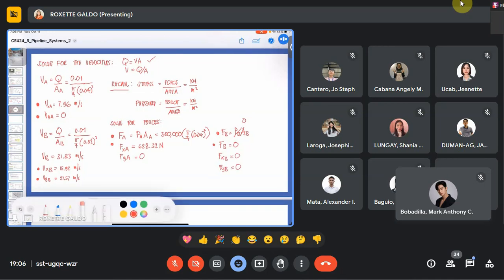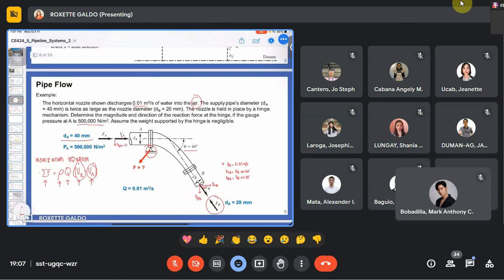Okay, so now, going back to the momentum equation. We have already solved for the velocities, VB and VA, both the x and y components, as well as the forces, FB and FA, as well as its components. Therefore, we can directly sum the forces along x and y using the momentum equation this time.